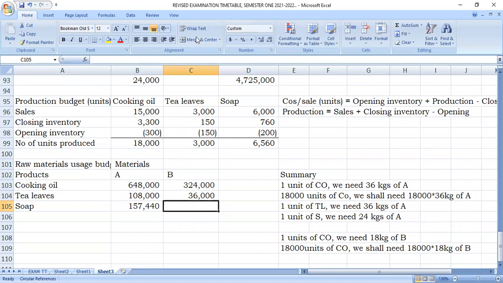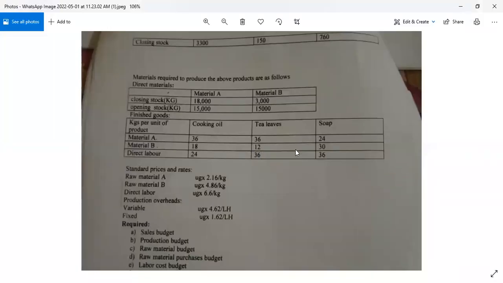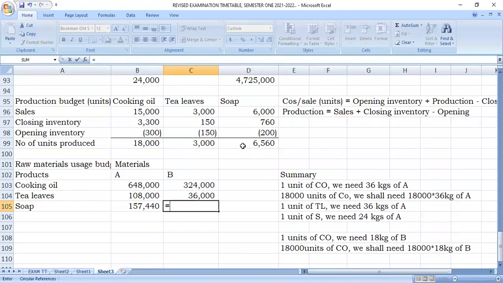Then soap. Soap, they said that for a single unit, as far as B is concerned, you need 30 units for a single unit of soap. Hence, we shall have our demand, which is 6,560 times 30, and you're good to go.